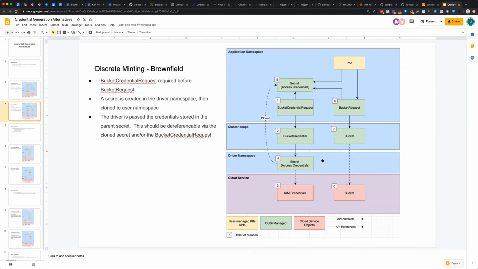But in the general case, you would want the access for that bucket, for that workload, to be uniquely associated with that workload. But if that workload itself has a binding to an existing application, an existing service account, an existing IAM principal, you can still do that.